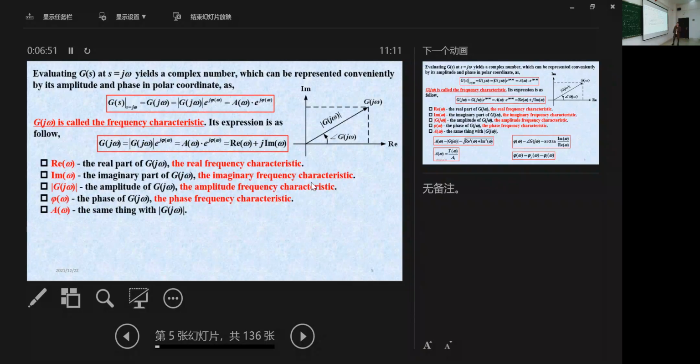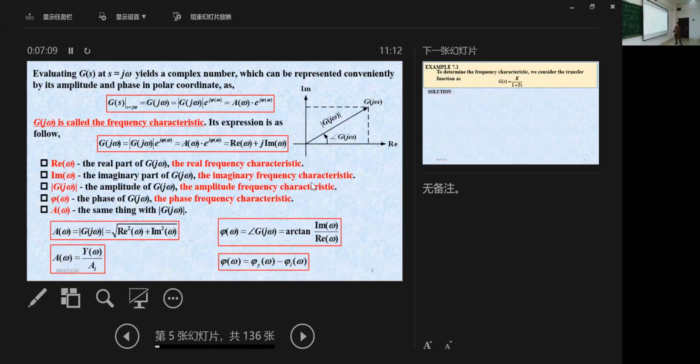And phi(omega), the phase of G(j omega), is the angle of G(j omega).